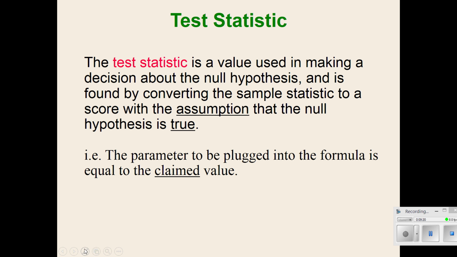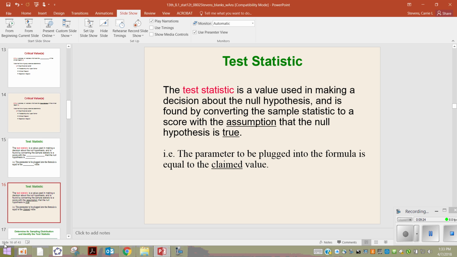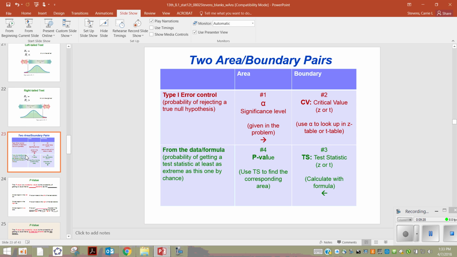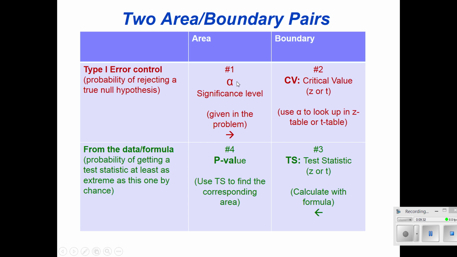So let me show you another illustration that relates to this. We have two sets of areas paired with boundaries. One is the area that represents the probability of making a type 1 error, and then the boundary attached to that is a critical value.